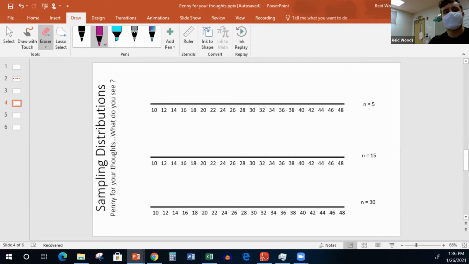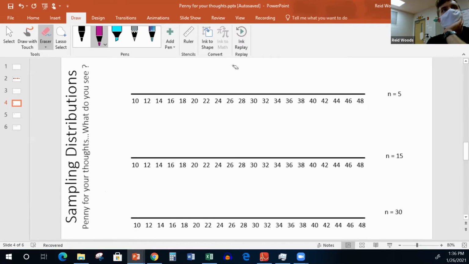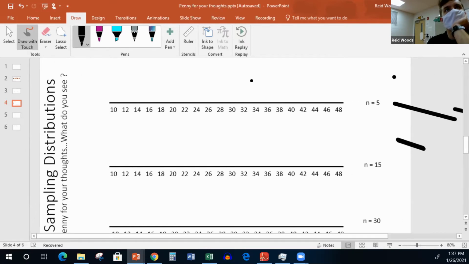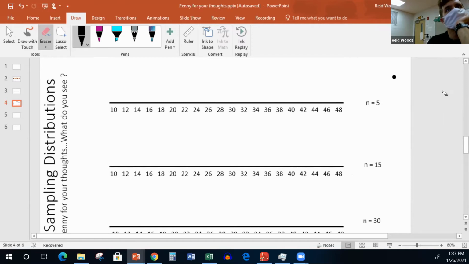I'm trying to think how I'm supposed to get this done, because I want Hannah to be able to see it, but I also need y'all to be able to see it. Hold on. Anybody have any ideas about why it's doing that with this line? Maybe are we dragging?